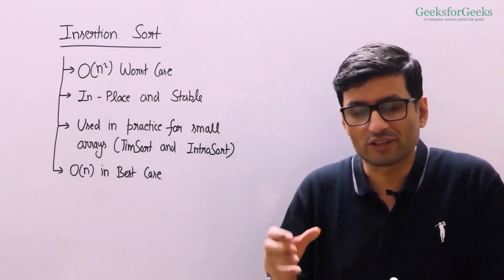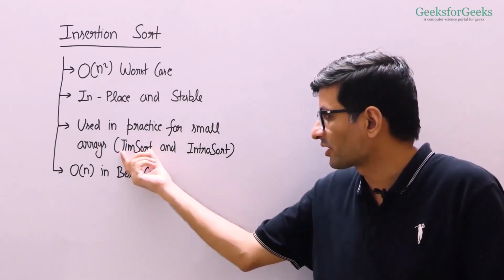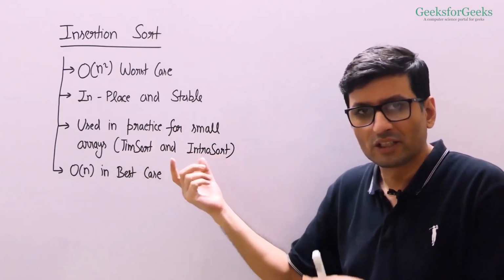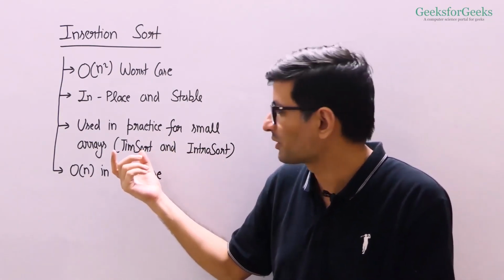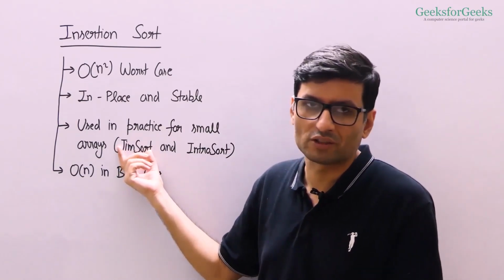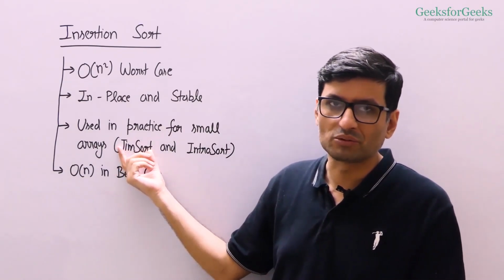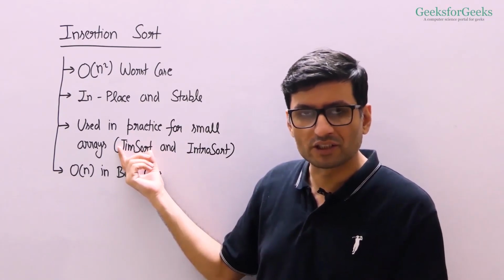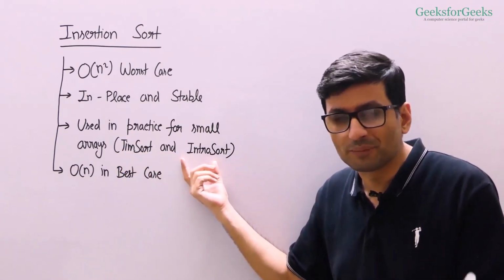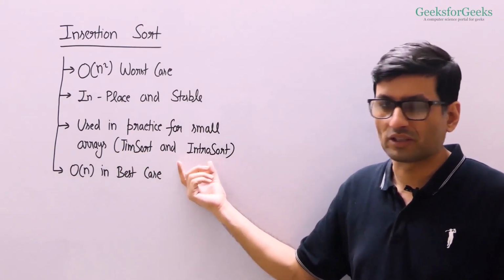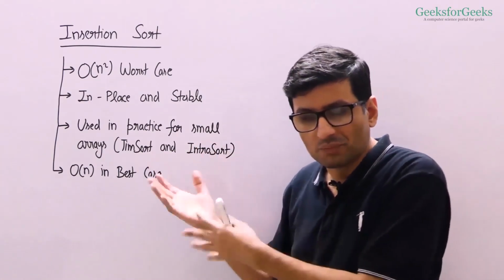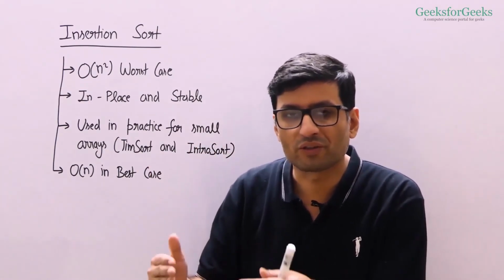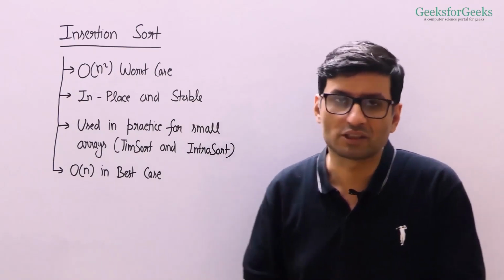So insertion sort is used in these hybrid algorithms, timsort and introsort. Why am I calling these hybrid algorithms? Because they use 2 or 3 sorting algorithms together. For example, timsort uses merge sort and insertion sort. Introsort uses heap sort, quick sort, and insertion sort. And both these algorithms use insertion sort when your input is small or when input becomes small.